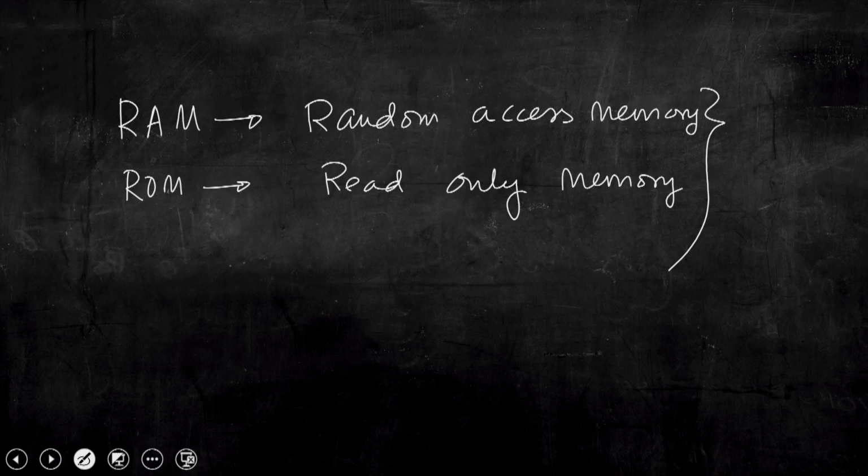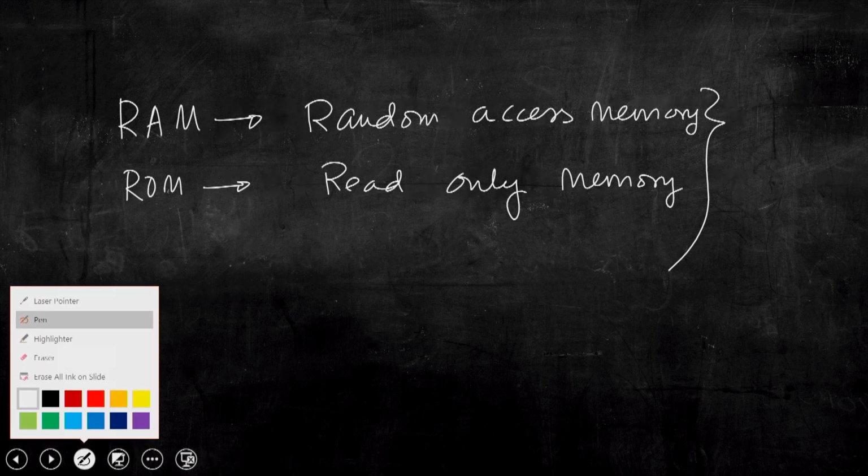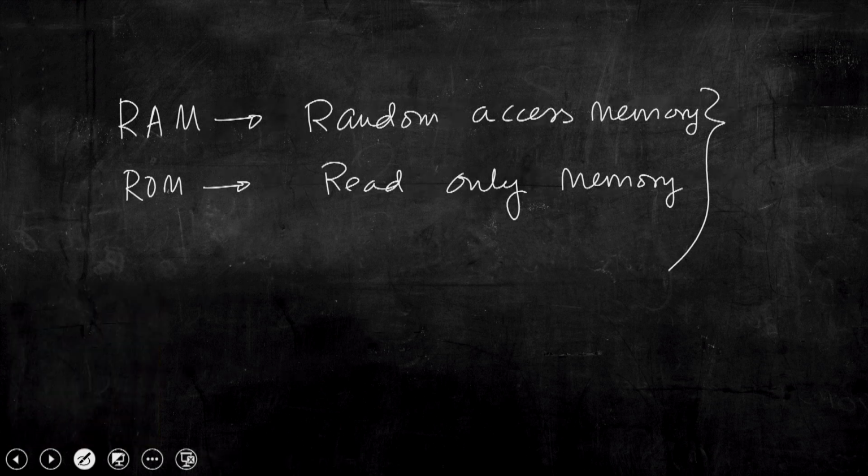So, now these two chips, let us now discuss about the difference between these two, RAM and ROM. What are the differences, right. So, these memory chips may be volatile or non-volatile. What does it mean? Let me write here.